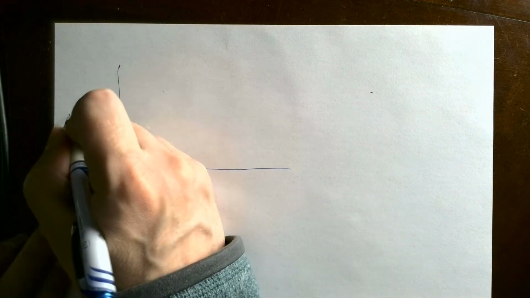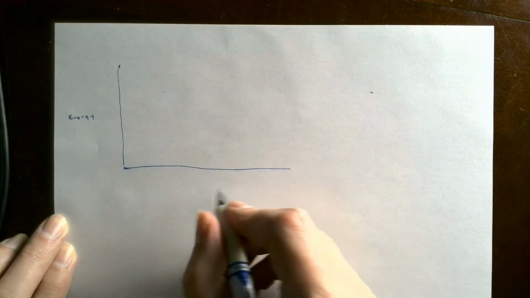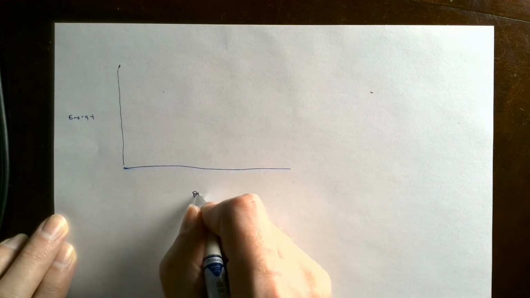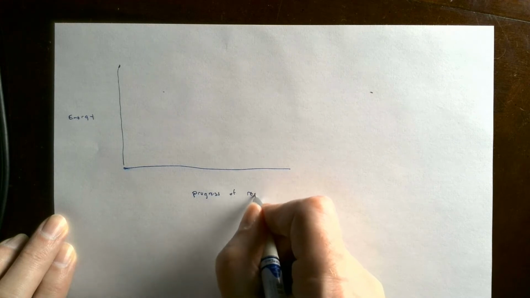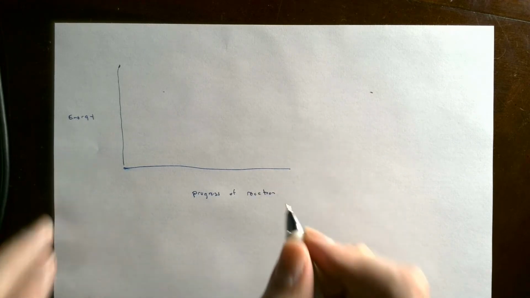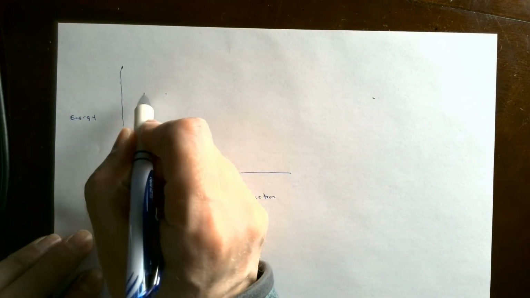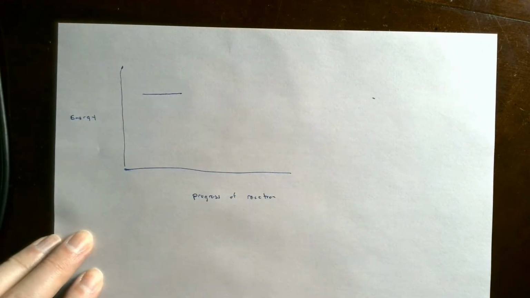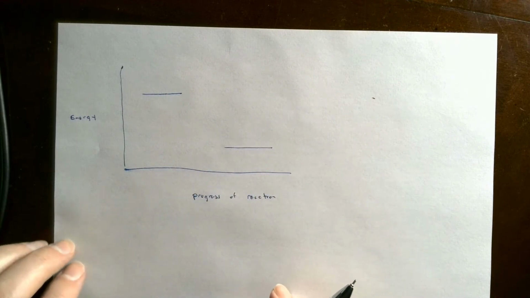All right, so I want to come back to this idea. Remember before we would look at things like energy, and we would say this is the progress of some reaction. And we looked at this when we were talking about enthalpy changes. We might start with something that has a fairly high energy, and we have a product that's a fairly low energy.